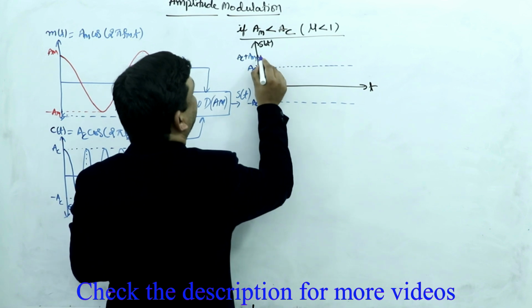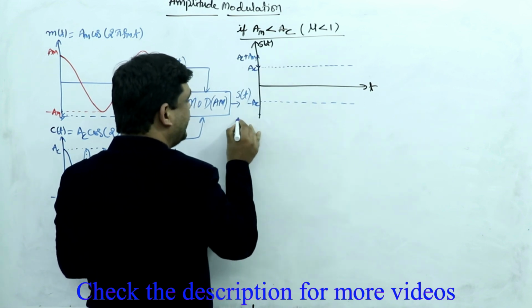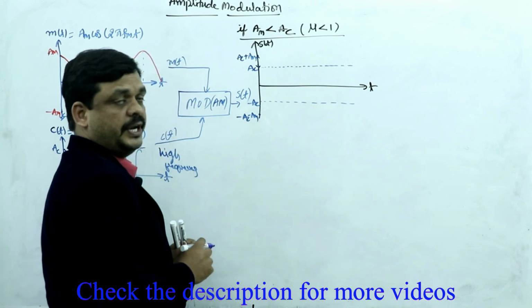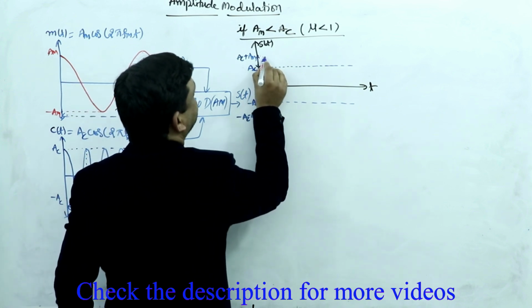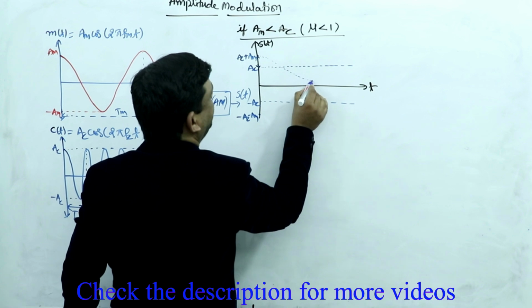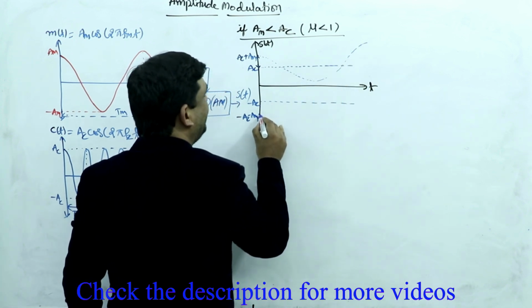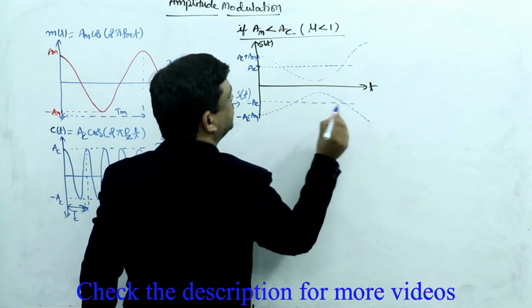Then the maximum amplitude becomes this much, and similarly on the negative side it becomes minus AC minus AM. So the amplitude of the modulating signal is changing like this, and similarly on the negative axis side.